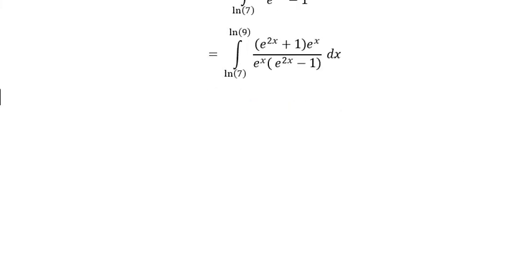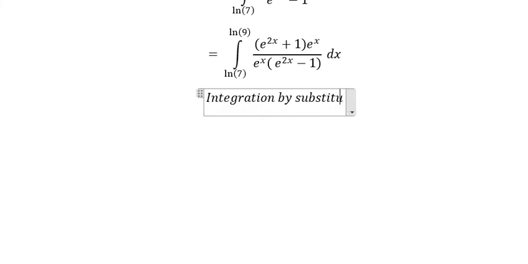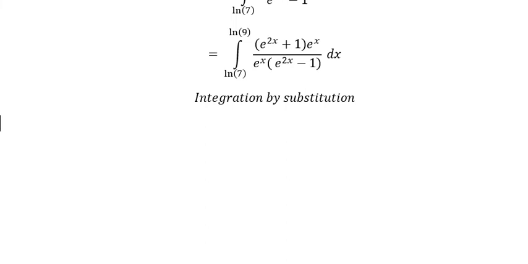So we can use integration by substitution. So I will put u equals e to the power of s. Then we need to do the first derivative for both sides, and we have e to the power of s ds.